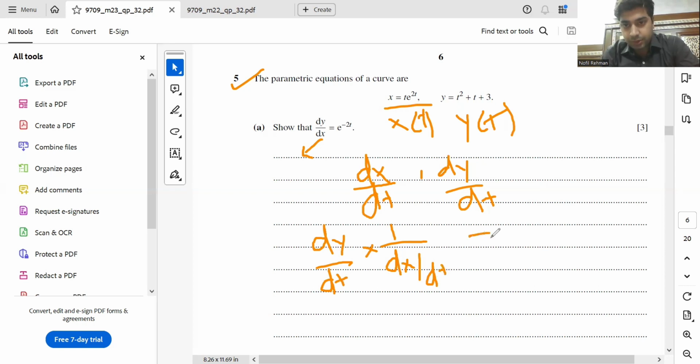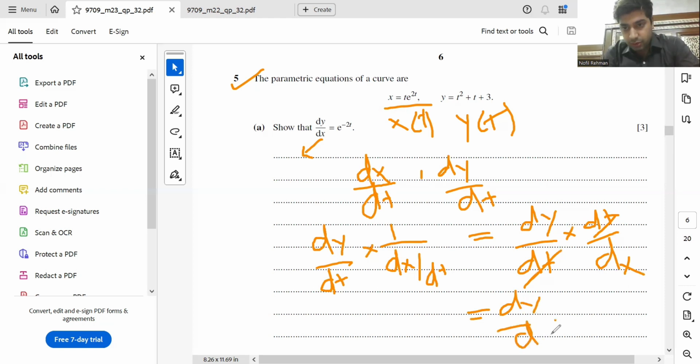The reciprocal would become dy by dt into dt by dx. Since we can cancel these out, this equation gives the result dy by dx. So this is how all parametric equations are solved. Hope we are clear this far.